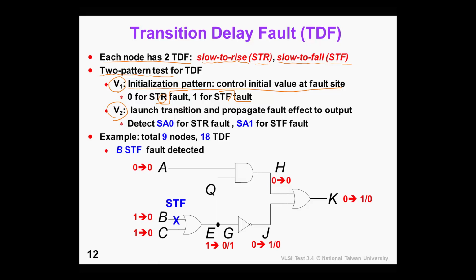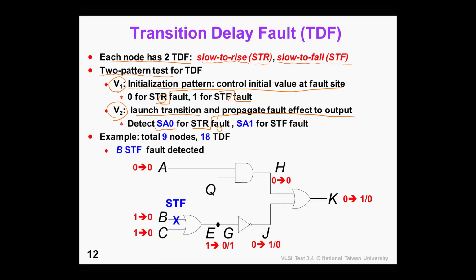In the second pattern, we launch a transition at the fault site and then propagate the fault effect to an output. For a slow to rise fault, since we are creating a rising transition, the good value should be 1. If the fault site is stuck at 0, then this site is faulty.